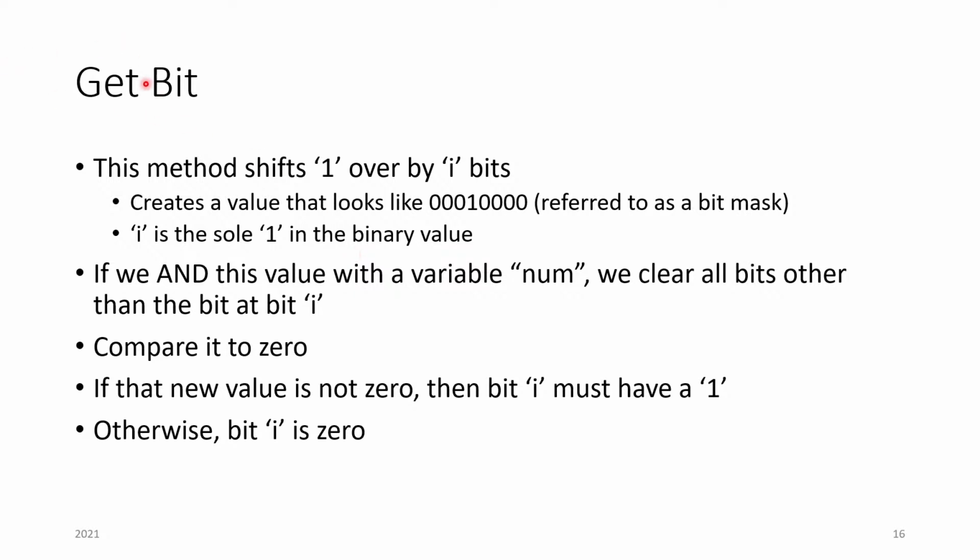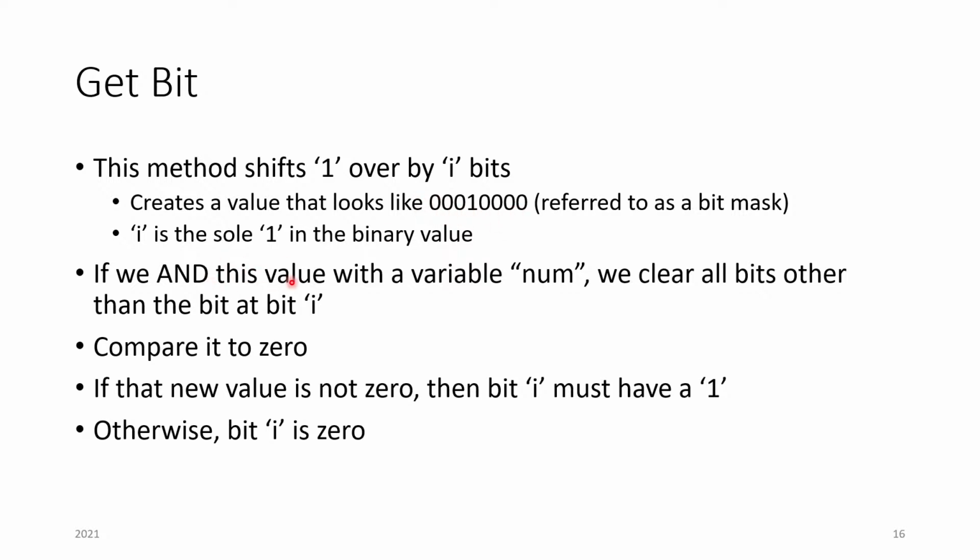So if we need to retrieve a particular bit in a binary sequence of bits, this comes up if you're trying to do a bit extraction at a particular position in your binary number. So if we wanted to extract 1, 2, 3, 4, 5, the 5th bit here in our 8-bit number, we create a bit mask where only the 5th bit is 1, and all the other bits are 0.